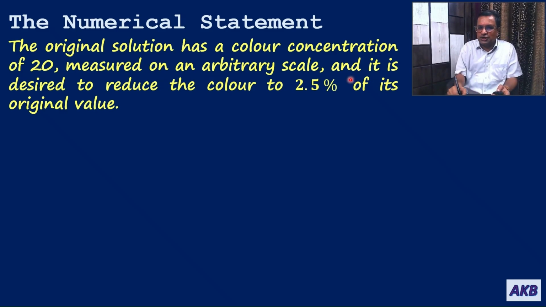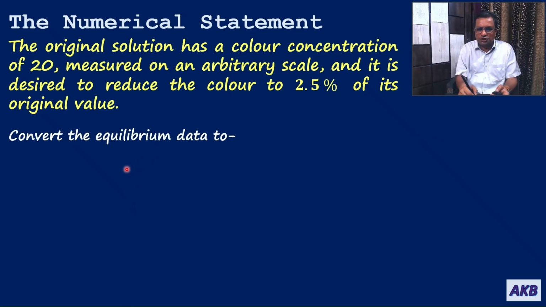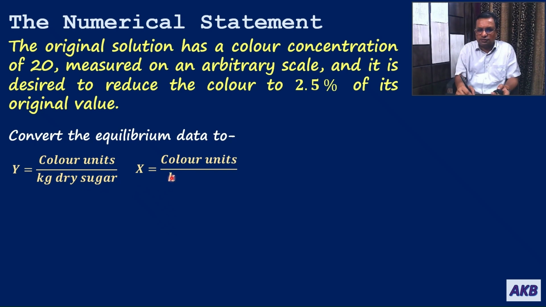And the objective is to reduce this color concentration to 2.5% of its original value. With this particular information, we are supposed to convert the given equilibrium data to capital Y, which is nothing but color units per kg dry sugar, and capital X, which is color units per kg carbon. This is the first task that we have to complete.